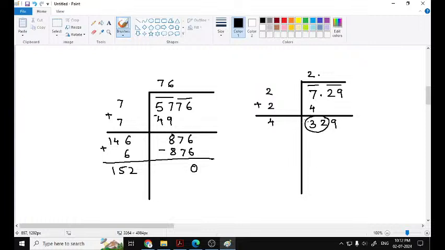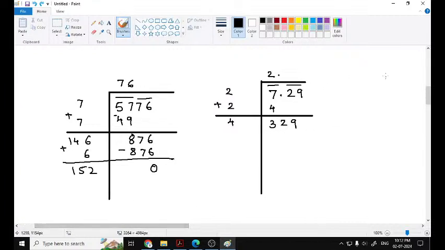Now consider these two digits and this is 4. Now 4 8s are 32. So let us try for 8. This number is greater than 329. So now we will try for 7. 28 plus 4 is 32.